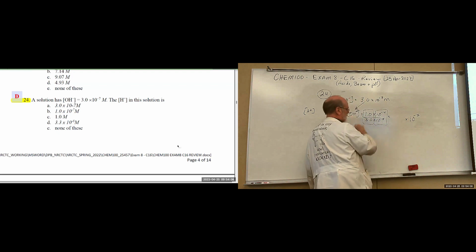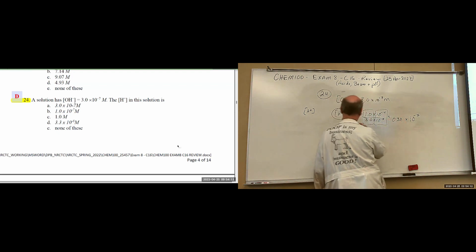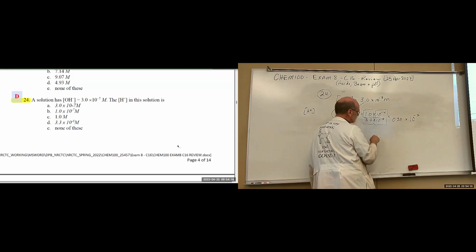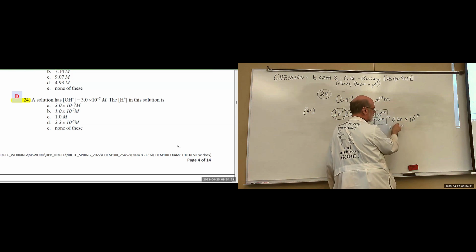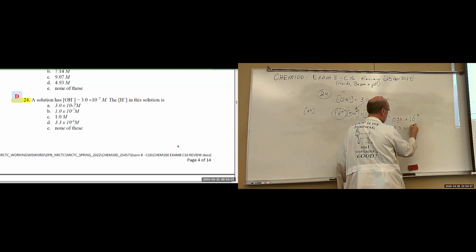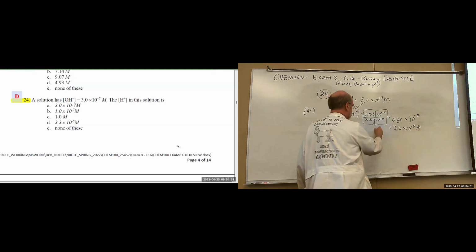What's this one? 1/3 is 0.33. Yeah, just 33. 2 significant figures. Then we convert it back to scientific notation, move it 1 to the right. That makes this one more negative. 3.3 times 10 to the minus 8 molar is the hydrogen ion concentration.